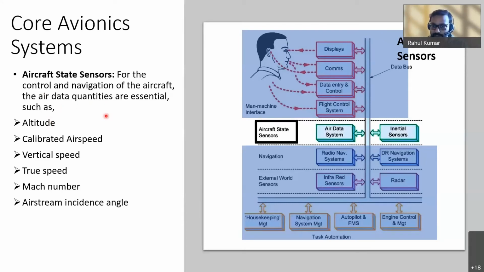And this air data can be used to calculate the altitude, the airspeed, the vertical speed, and usually in military aircraft which fly at speeds around the speed of sound, you can even calculate the Mach number or Mach speed of the aircraft. So again, with the help of the aircraft state sensor, you can calculate these values.